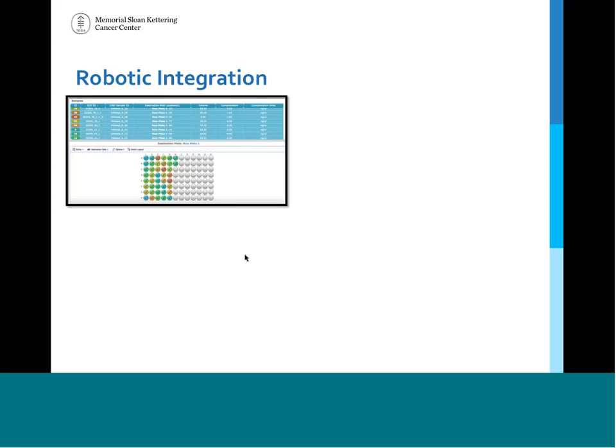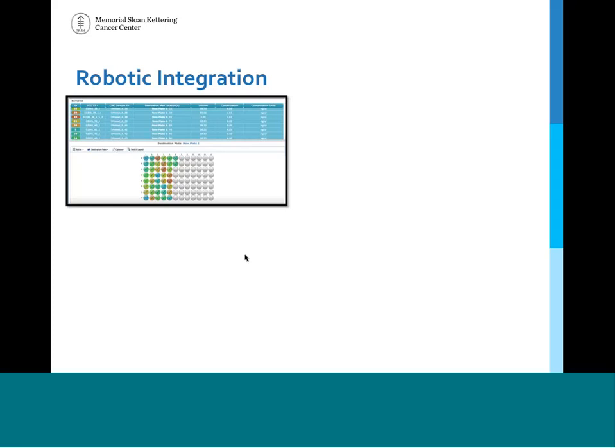One other bit of customization that we've been working really hard to implement across the board is the idea of robotic integration. So we use Beckman-Coulter robots to aliquot our samples onto plates, and they read a CSV. And instead of making the CSV manually, we are trying to have the LIMS create as many of these as possible.